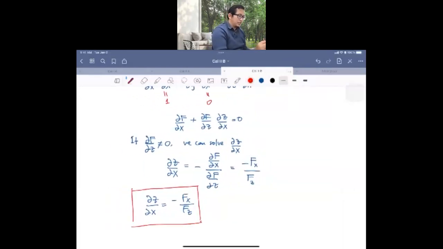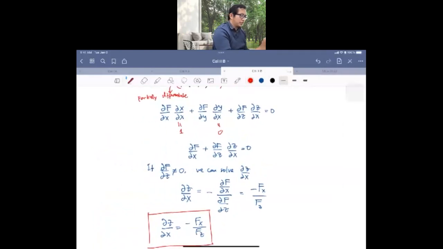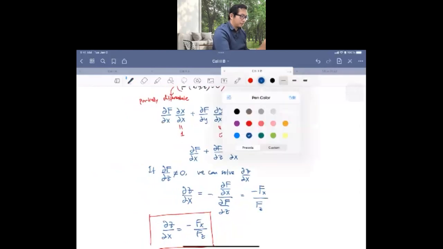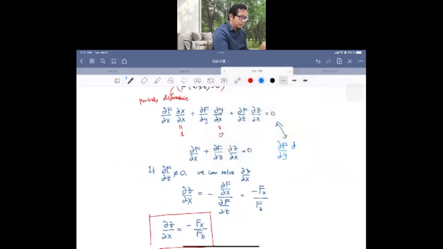And similarly, if you want to differentiate with respect to y, similarly we will have this.